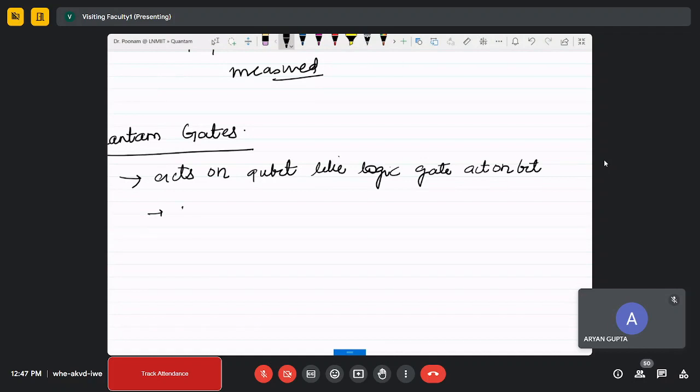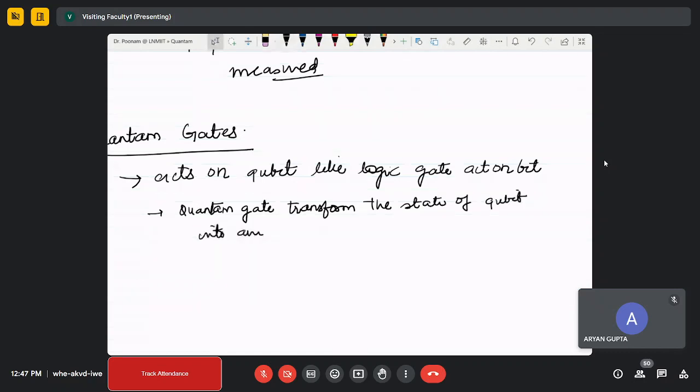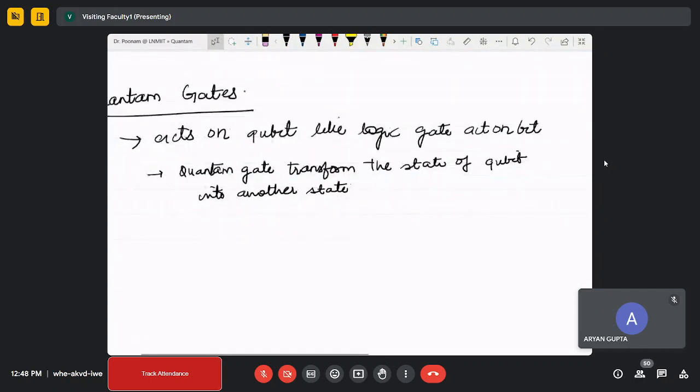What does it do? A quantum gate transforms the state of a qubit into another state.